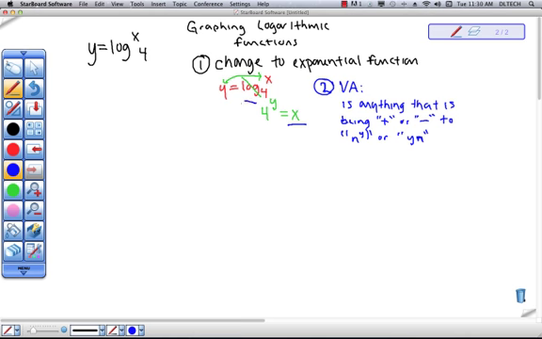Since there is nothing being subtracted or added, our VA is automatically 0.